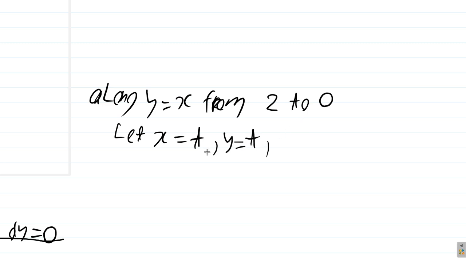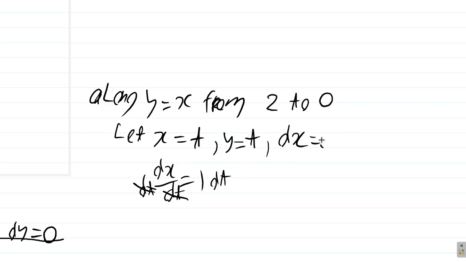Now, to find out what dx is, just differentiate this: dx by dt is going to be 1. If you multiply both sides by dt, dx is 1 dt, so dx is equal to dt.